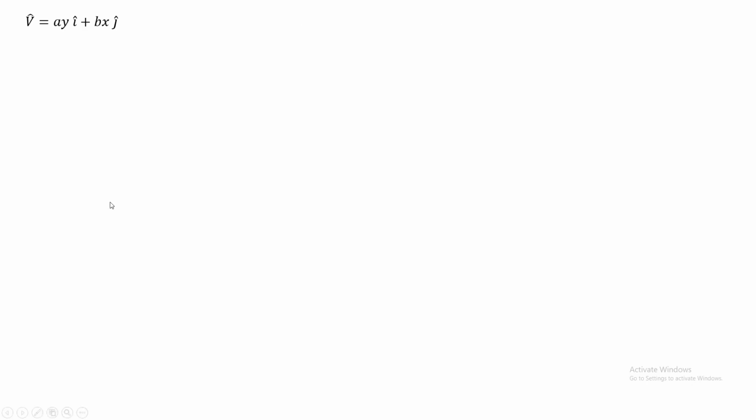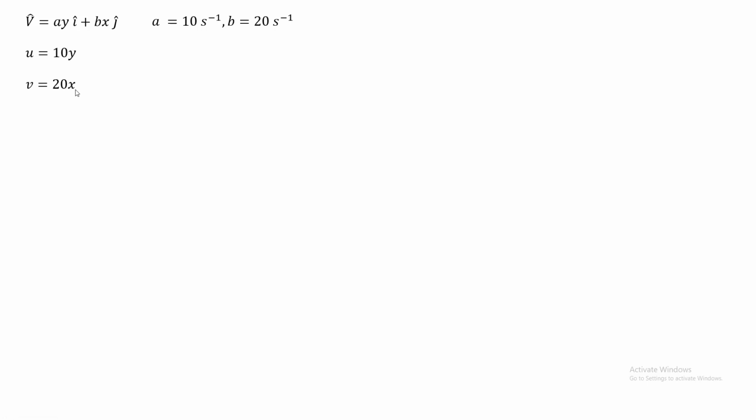So we have been given a velocity field Ay i plus Bx j vector, and A is given as 10 and B is given as 20. If we substitute that, we'll take u as the velocity in x direction, that is 10y, and v as the velocity in y direction, which is 20x, right?